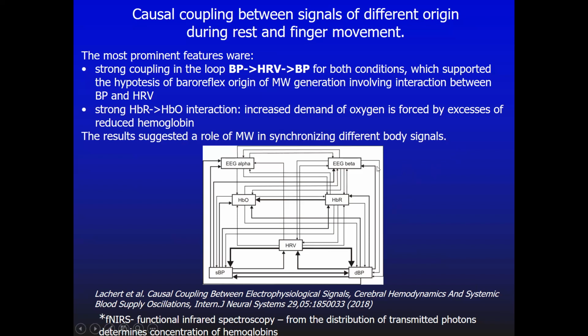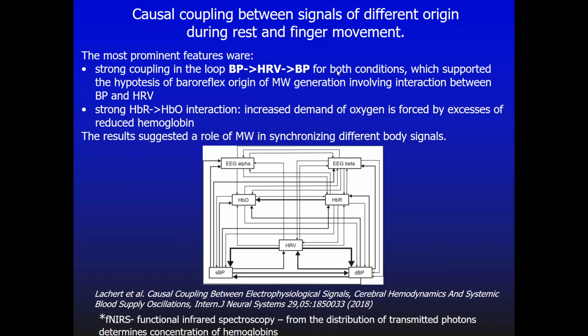So this is for the rest, and during movement, some of these connections become weaker and some disappeared, especially the ones connected with EEG alpha and EEG beta. We have to remember that we have desynchronization of these rhythms during movement.